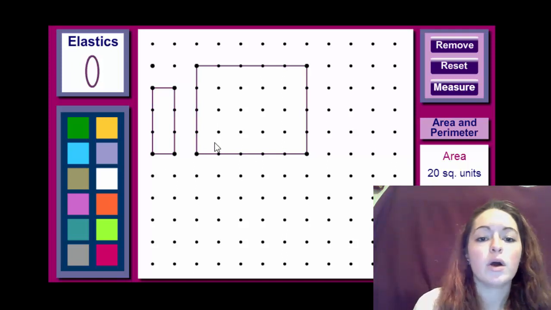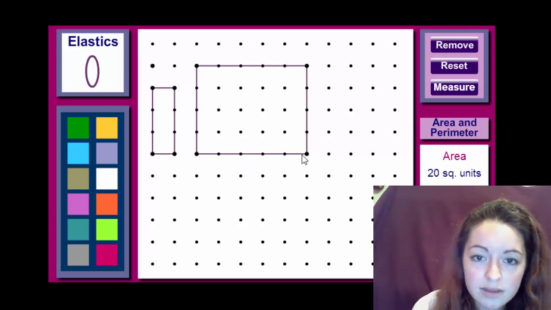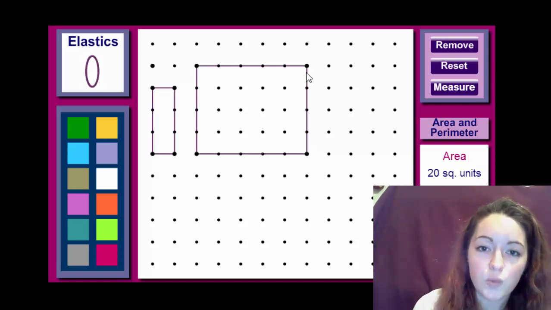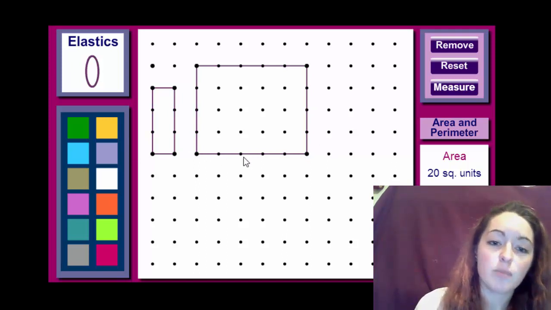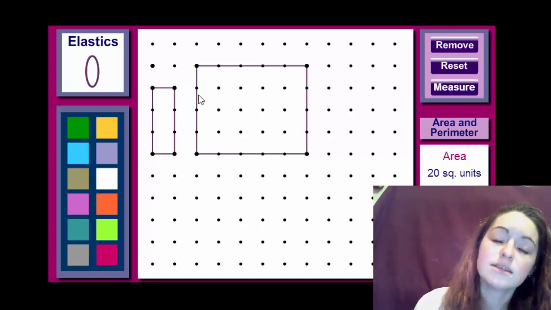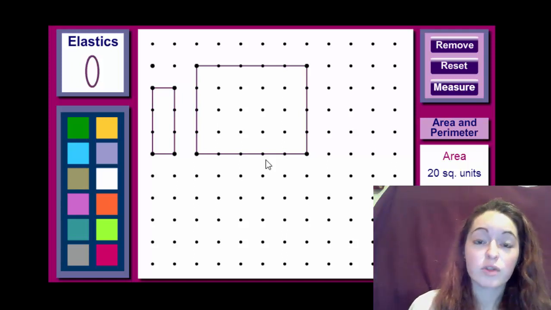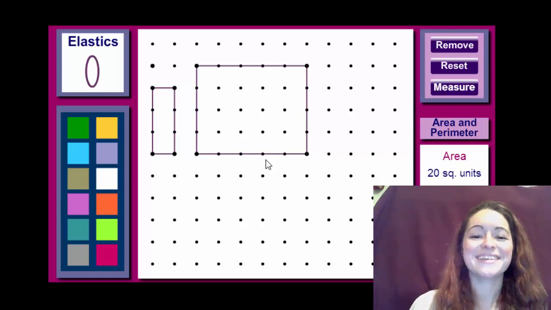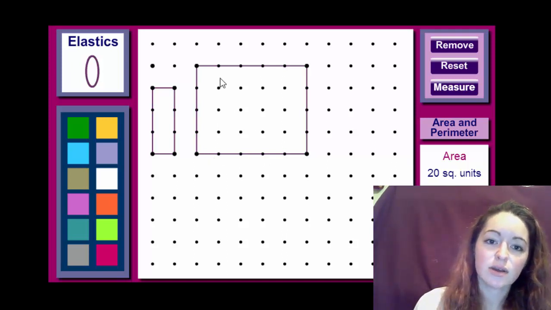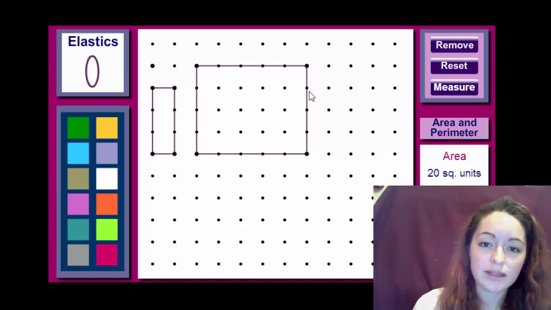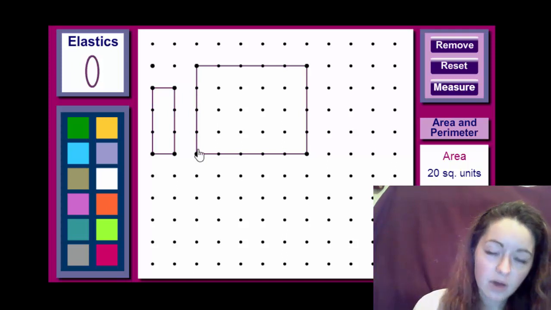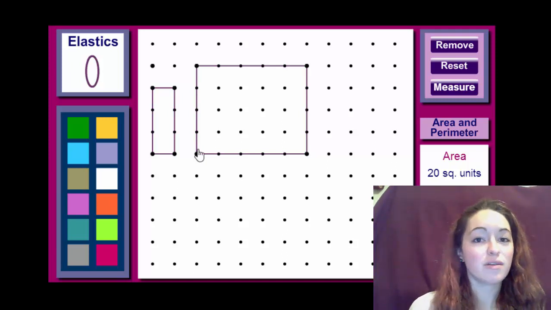So we know that we can have 2 lengths and also 2 widths, and we have to add up all of those distances to get our perimeter. So our general formula for the perimeter of a rectangle is 2 lengths plus 2 widths. And that will give us our formula for a perimeter.